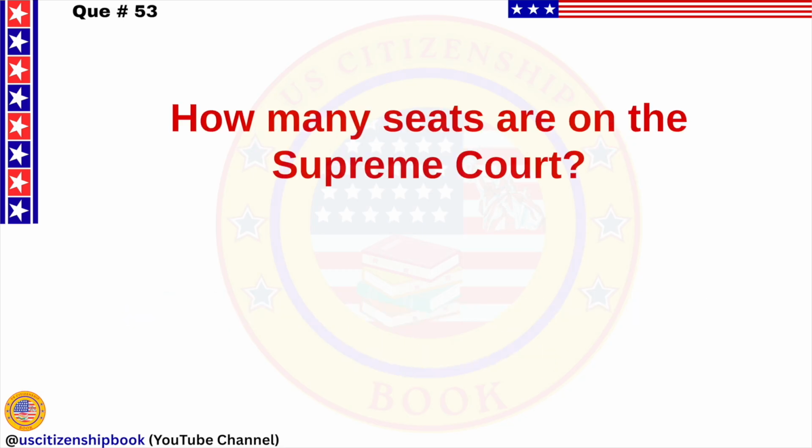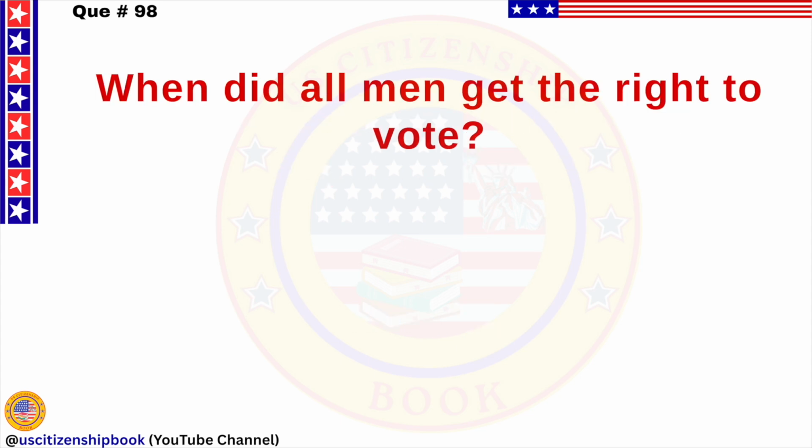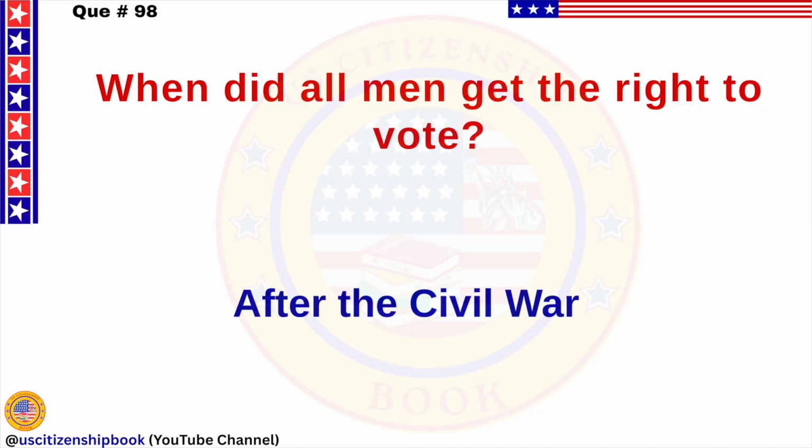How many seats are on the Supreme Court? Nine. When did all men get the right to vote? After the Civil War.